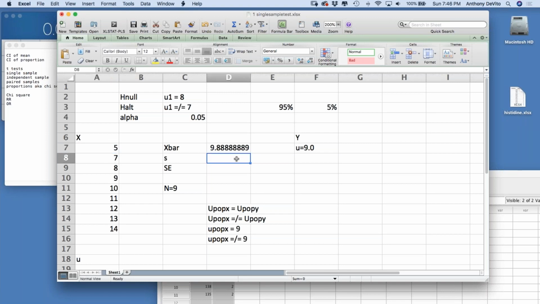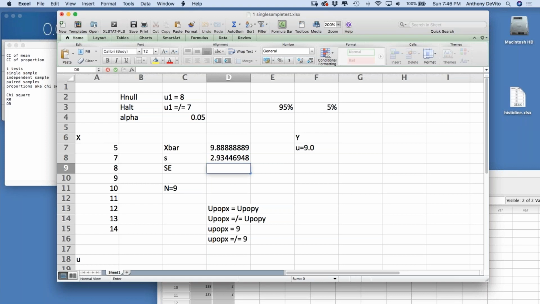I need to know the standard deviation for our sample, which is equal to 2.93. The standard error is the variability of repeated samples of size 9, and that's really what we're interested in.